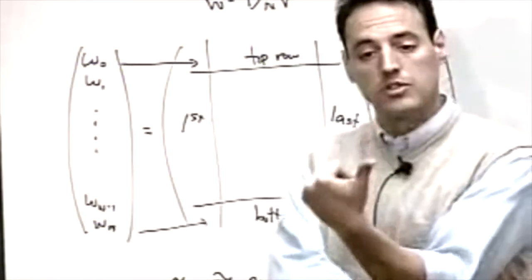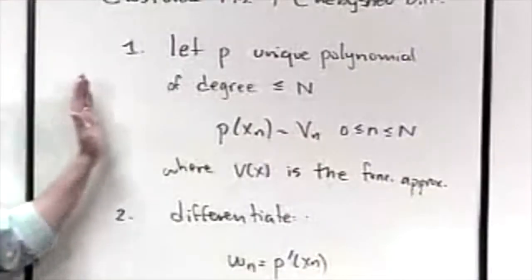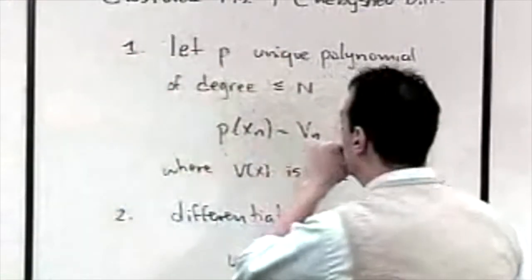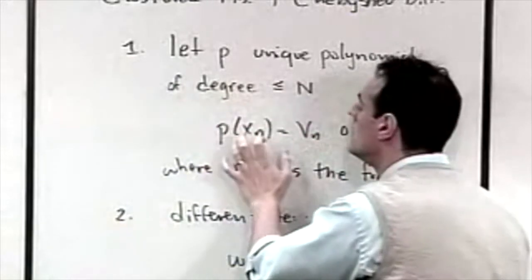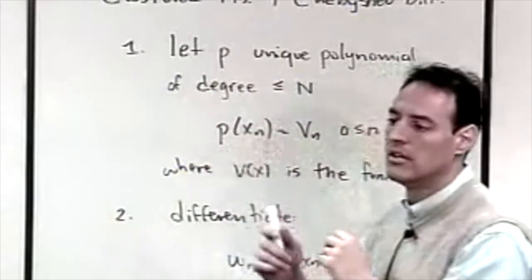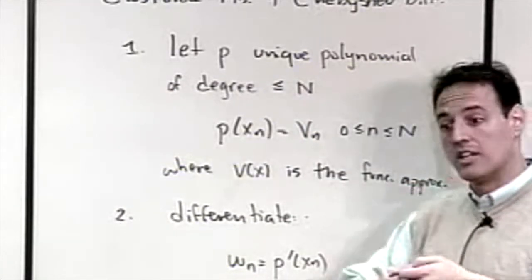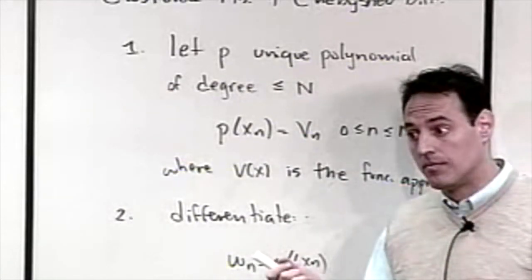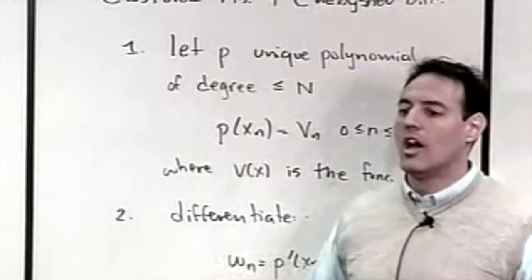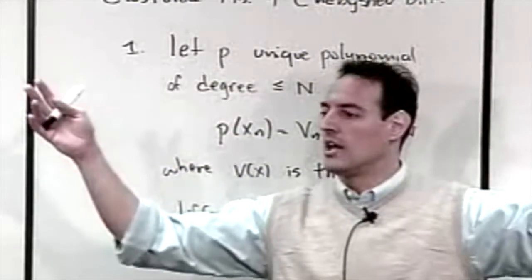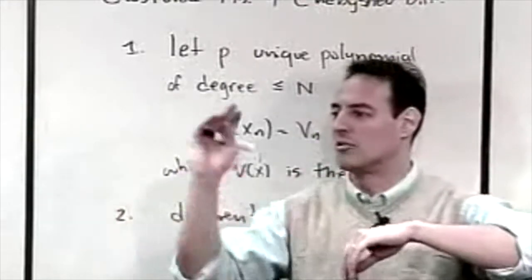One is you first need to find, when we go back again to this here, not only do we need to find the function, we need to find the points I'm actually differentiating on. So I need to define my clustered domain. Remember, in a lot of our problems so far, we've always just said, okay, let's take L to be 20, and x2 is a linear space between negative L over 2 to L over 2 with this many points.